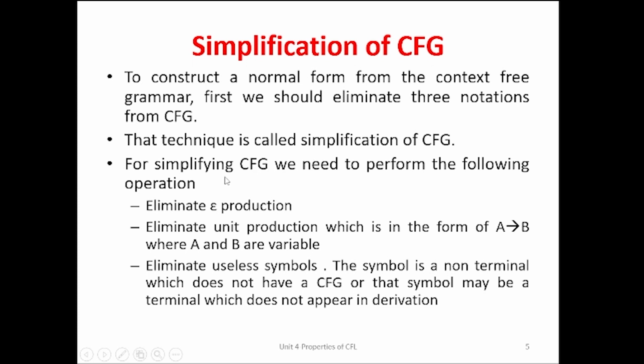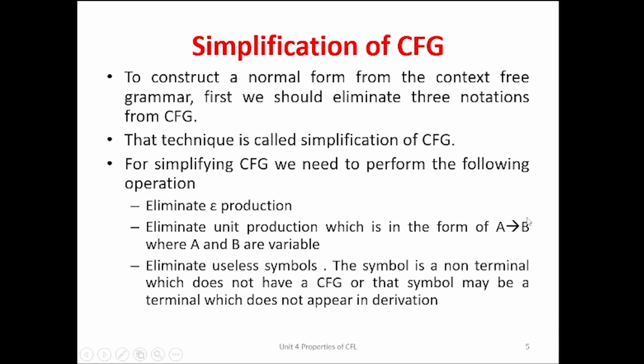If you want to construct a simplified CFG, step 1 is to eliminate epsilon production in a given context-free grammar. If any epsilon production is available, we should eliminate it first. Then we should eliminate unit production. A unit production is A implies B, where A and B are both non-terminal symbols.